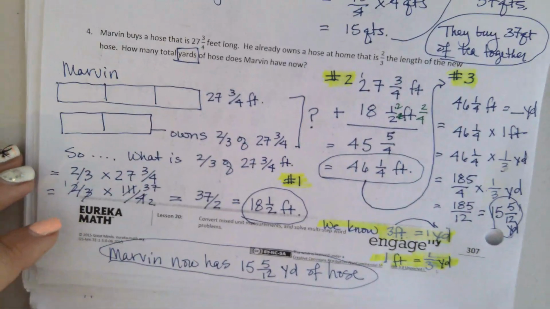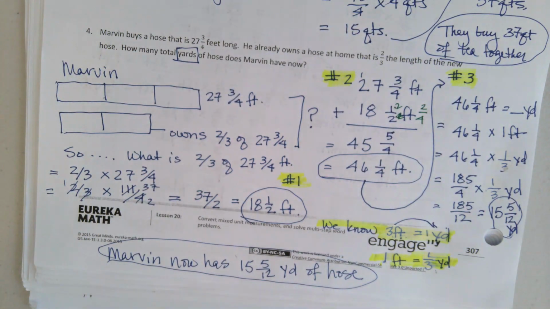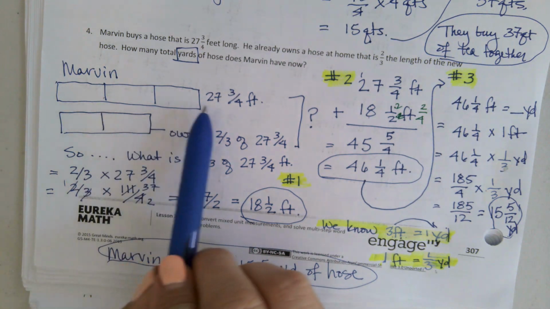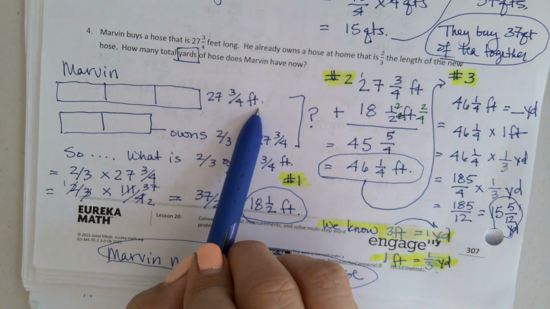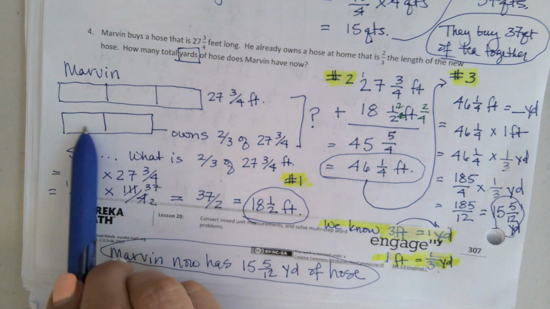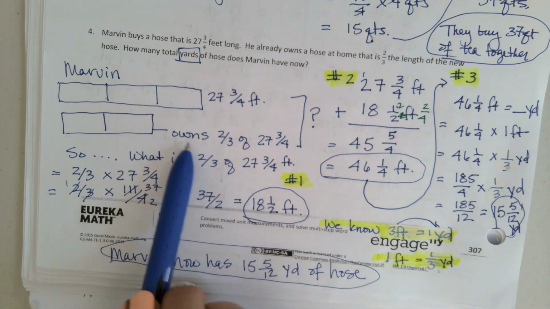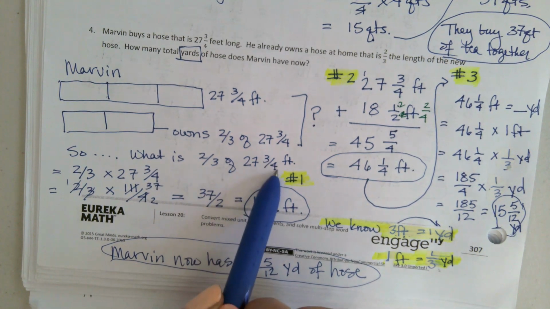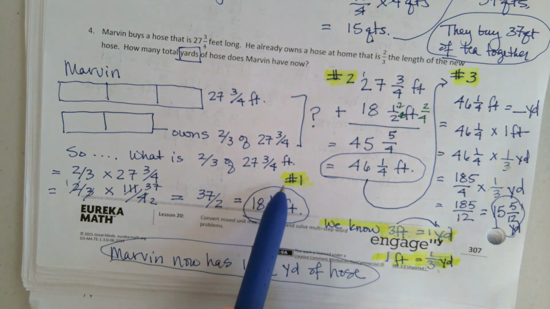Okay, this problem, our 3-step problem, here we go. We have Marvin, 27 3/4 feet of hose. He owns 2/3 of that already. So I'm trying to figure out what is 2/3 of 27 3/4. This is step 1.